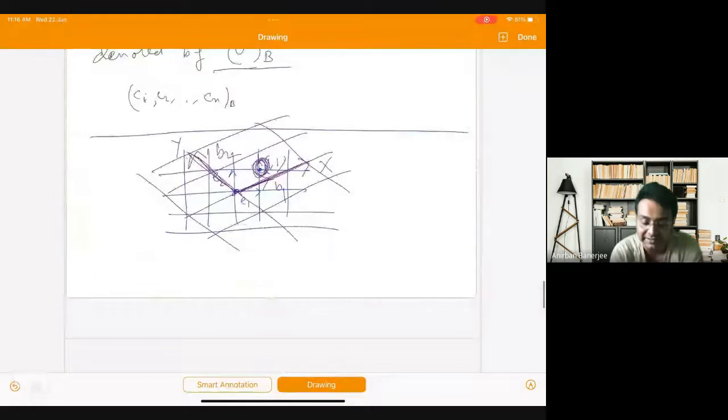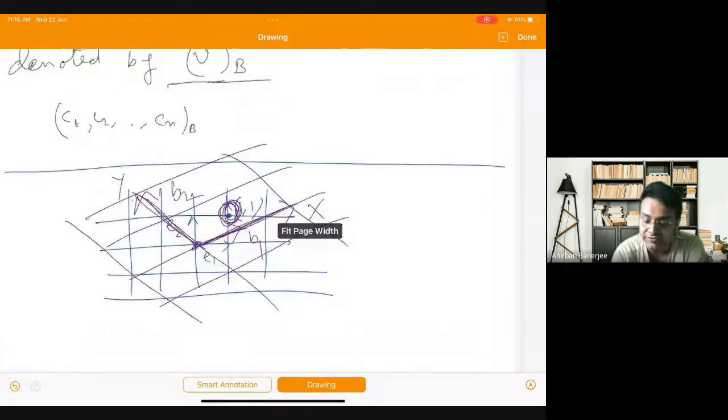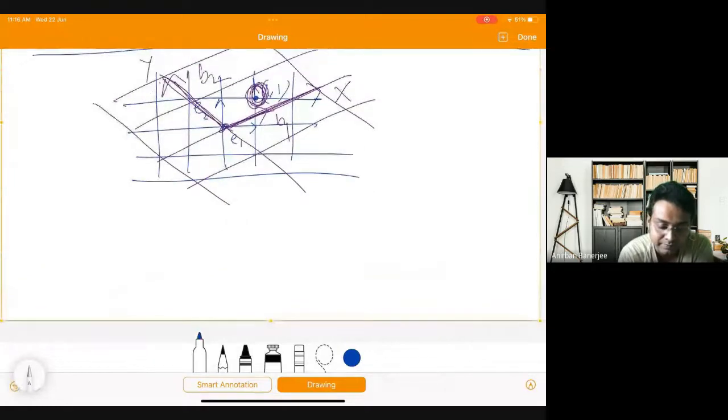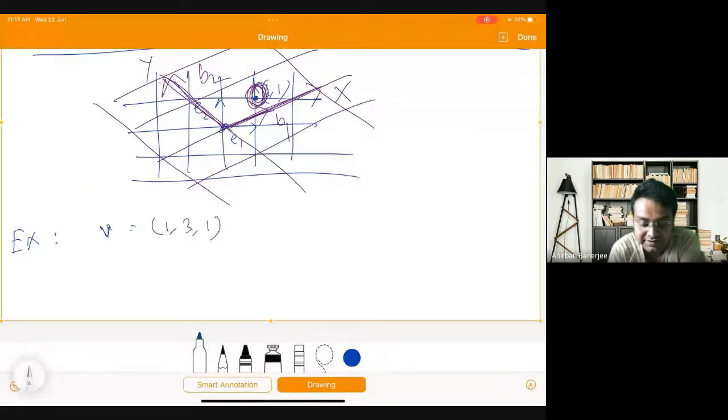Okay, let's take an example and proceed further. Let's say we have a vector v in the usual coordinate system, with respect to the standard basis, and the coordinates are this.